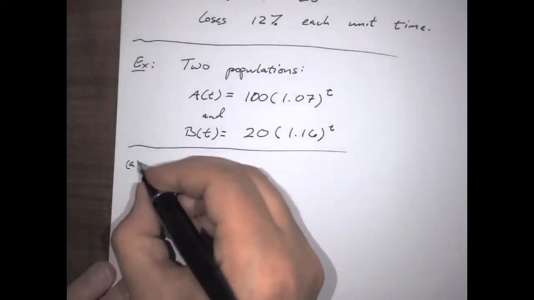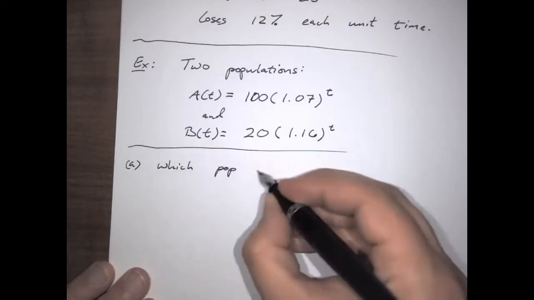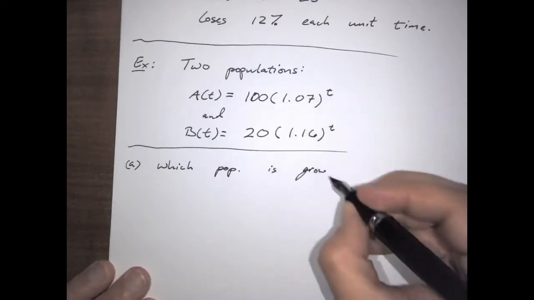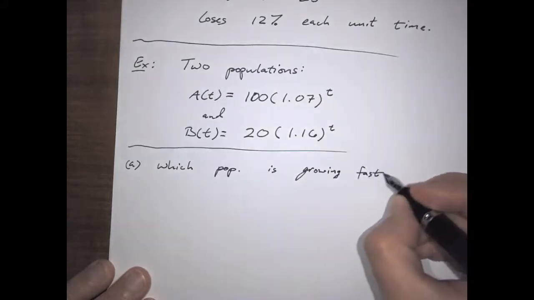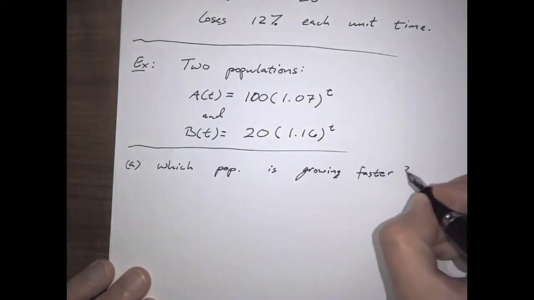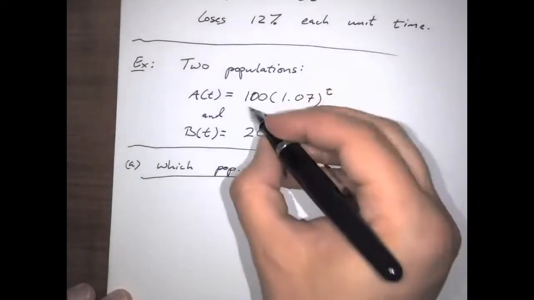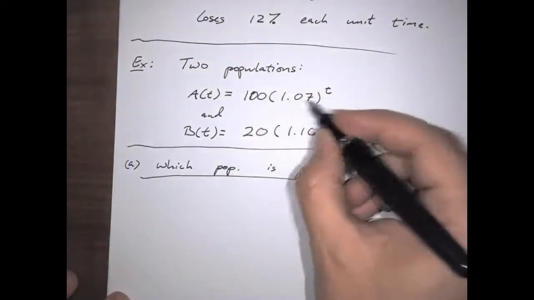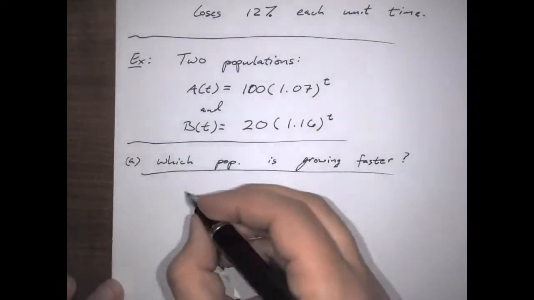So, A. Which population is growing faster? So notice they are both growing. Well, there are two numbers in play here. This is the A, the starting amount, and this is the B, the growth factor. And the one with the higher growth factor has the faster growth.